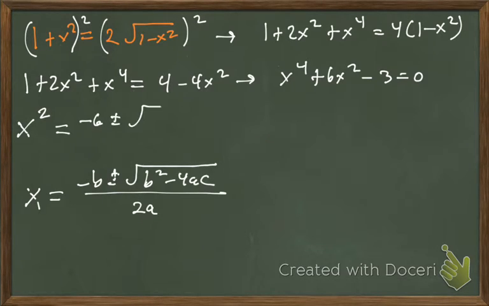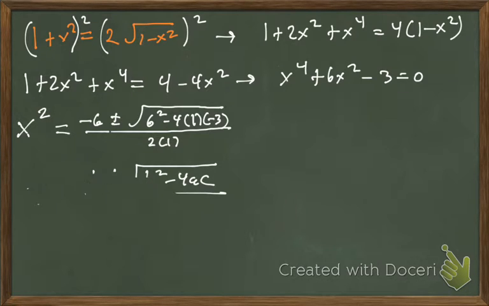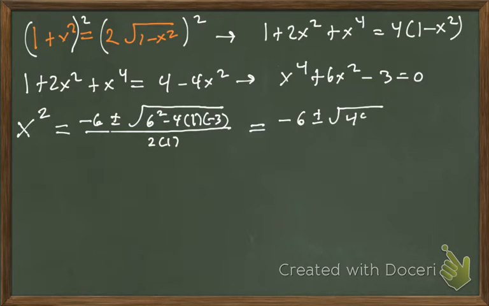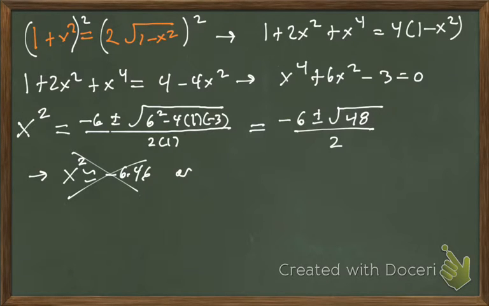Okay, so negative 6 plus or minus the square root of 6 squared minus 4 times 1 times negative 3, all over 2 times 1. That's negative 6 plus or minus the square root of 48 all over 2. So x squared is approximately, I put that in my calculator, the negative version, or x squared is approximately 0.464 and so on.